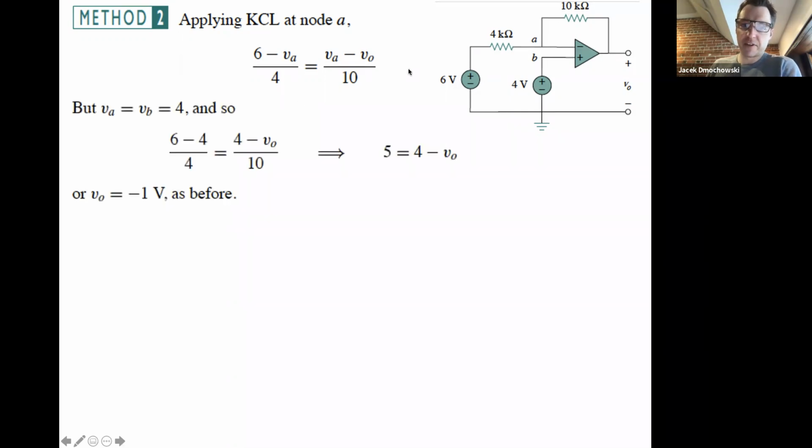So if we rearrange and note that VA is equal to 4 volts, because node B is sitting at 4 volts, which means that node A must also be sitting at 4 volts, then if we plug in 4 for VA, we get that V naught is equal to 4 minus 5, or -1 volt, as before. I would argue that this is the simpler way of doing it, but it's whatever your preference is.